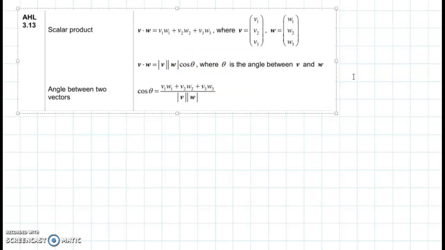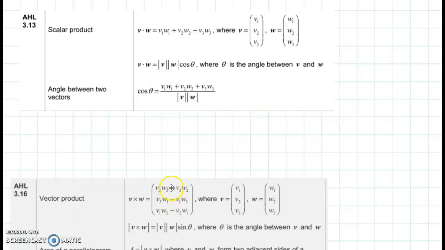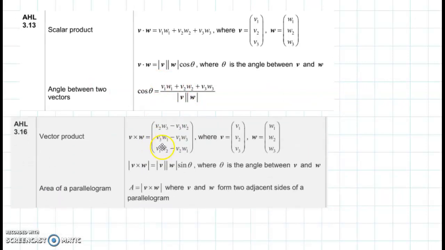This is what you have in the formula booklet. We have the direct definition. We have the property with the cosine of the angle theta, and we even have that with the cosine of the angle theta isolated.